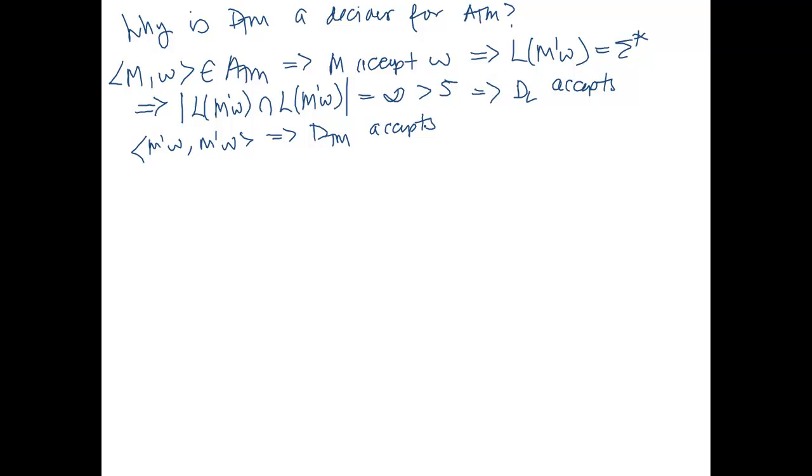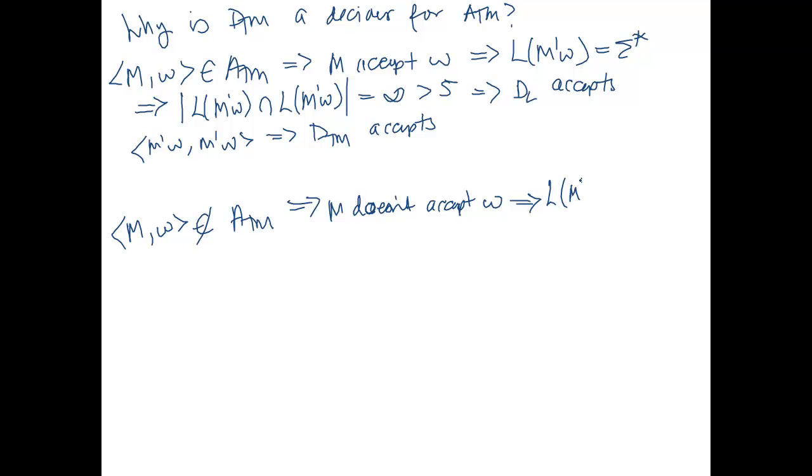What happens if we take an arbitrary string that's not in the language? Okay, so the string is not in ATM. M doesn't accept W. Remember, when M doesn't accept W, M prime W won't be able to accept anything.